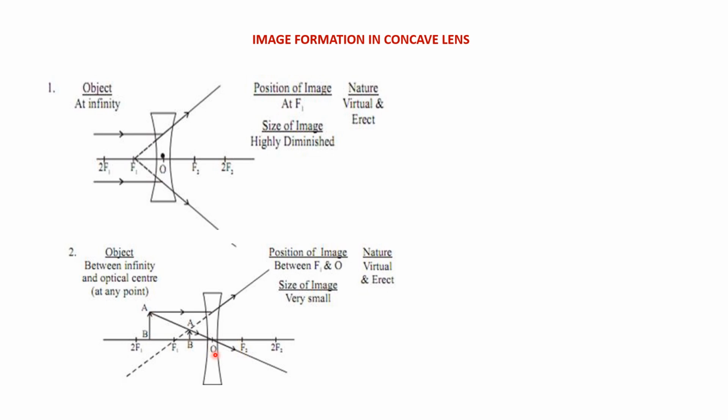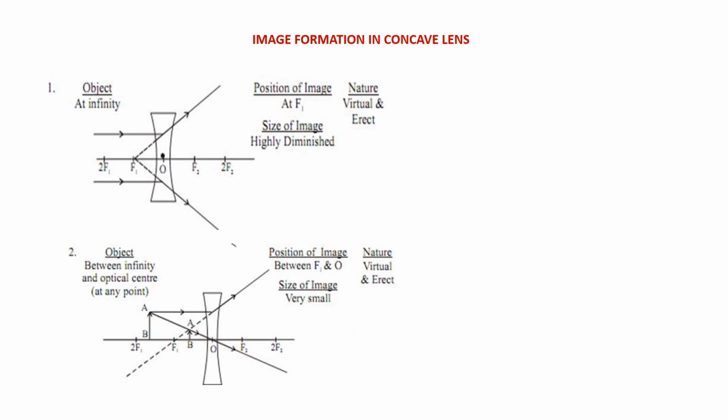Now if you see the image, it is on the same side as the object, diminished, virtual, erect, and between F1 and O. So this is all about concave and convex lenses and their image formation.